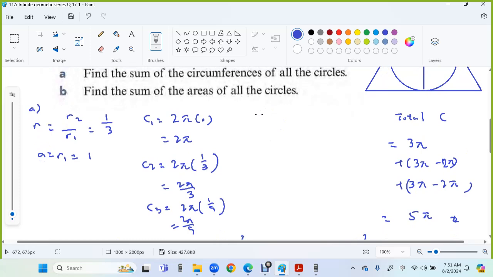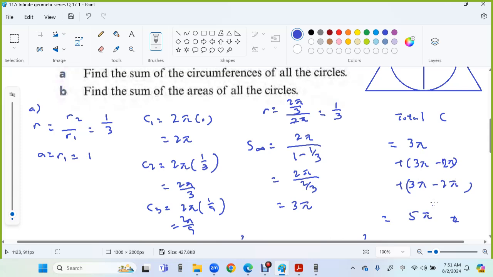So the ratio R here is 2 pi over 3 divided by 2 pi, which is 1 over 3. So the S infinity is 2 pi over 1 minus 1 over 3, which is 2 pi over 2 over 3, and then it becomes 3 pi. So we have 3 pi minus 2 pi, 3 pi minus 2 pi. So the total is 5 pi. Yes, correct.